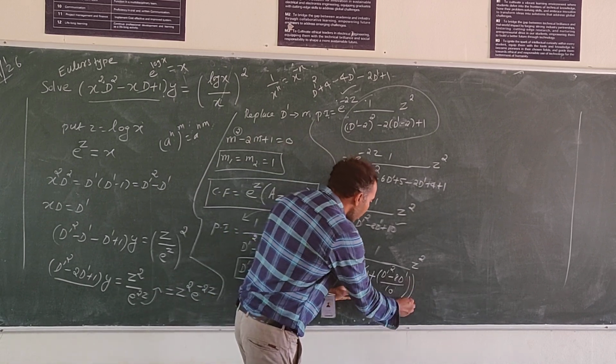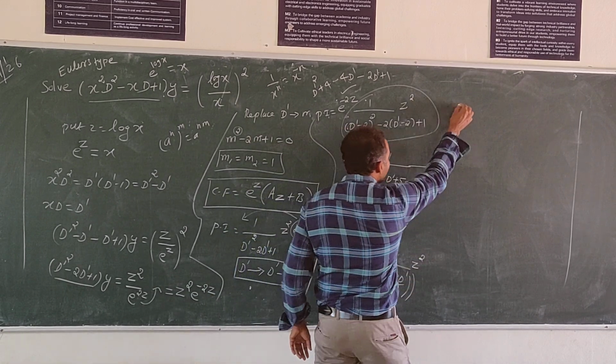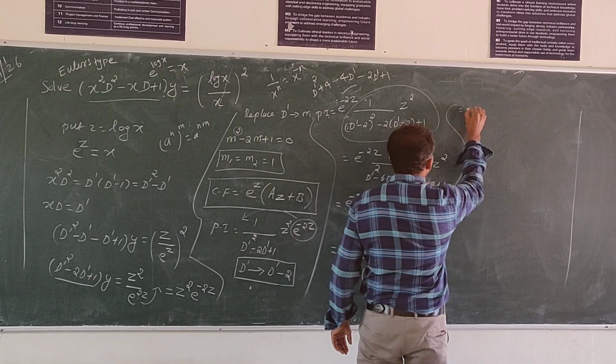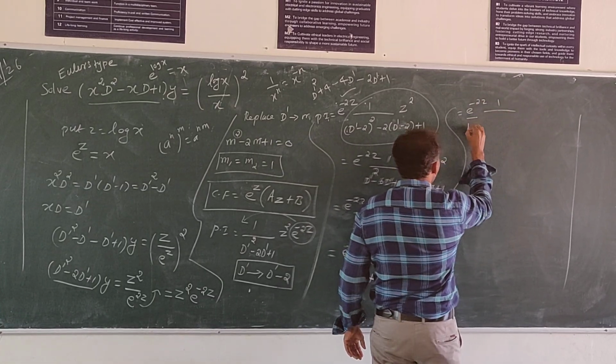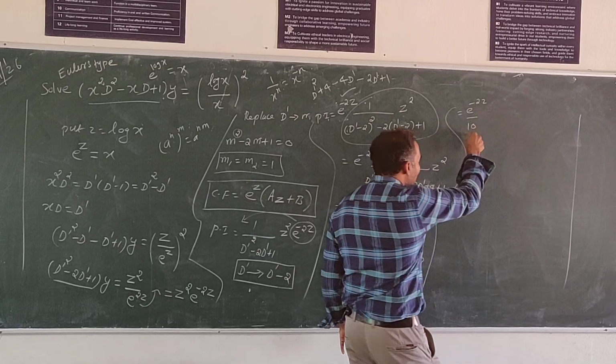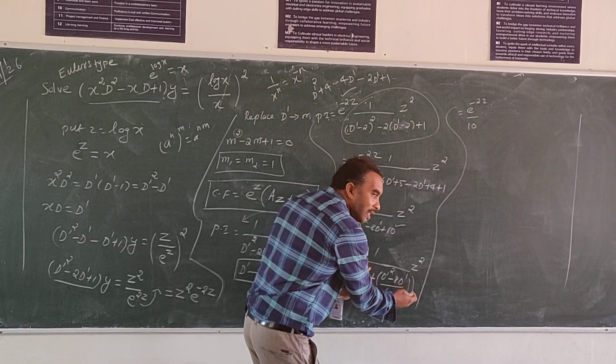Next, bring this term to the numerator. e power minus 2z equals 1 divided by 10, e power minus 2z divided by 10, bringing this term to the numerator.